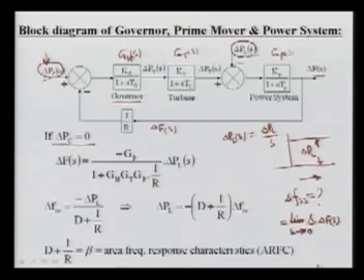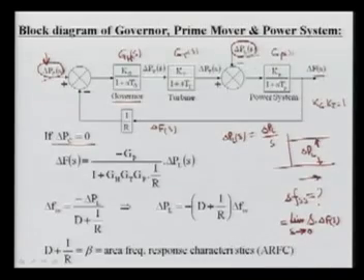In the previous lectures we saw that the multiplication of Kg and Kt is kept at unity, so Kt is set to 1, and we have only the gain Kp here. So I am going to derive the steady state performance of this loop.